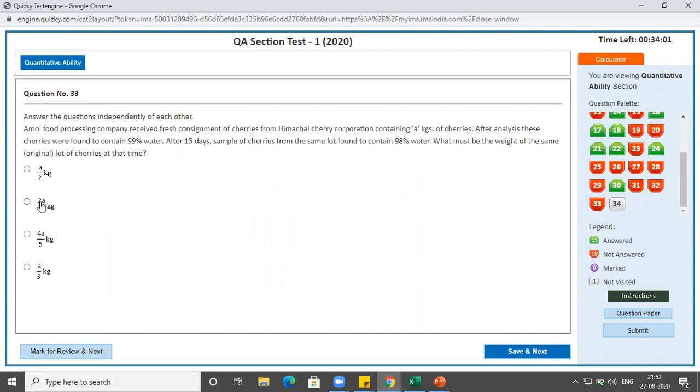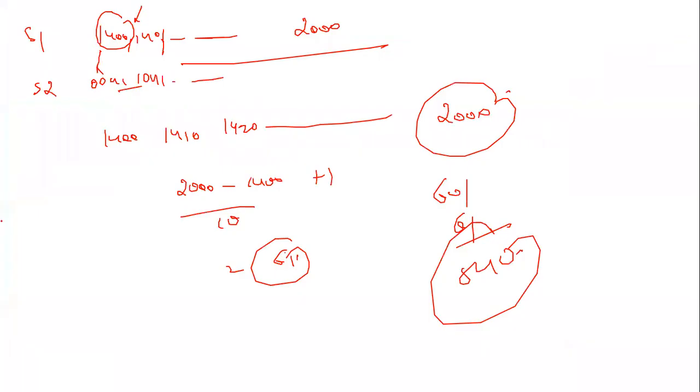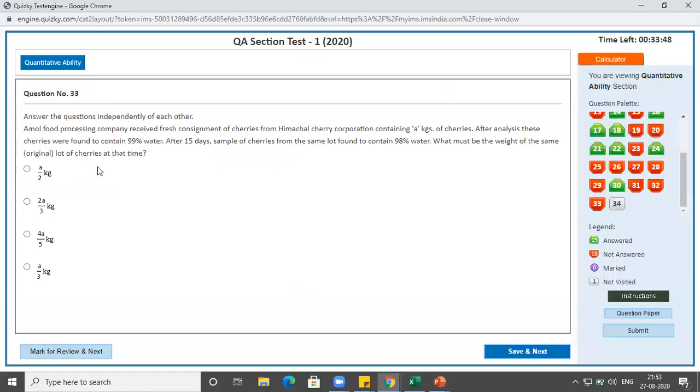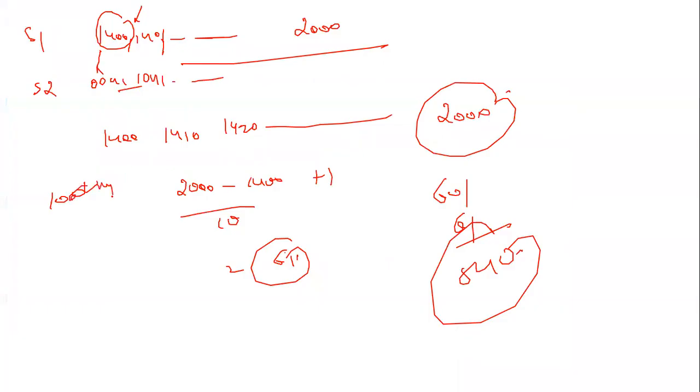A food processing company received a fresh consignment of cherries from Himachal Cherry Corporation containing 8 kgs. Okay. After analysis, these cherries were found to contain 99% water, so 1% not water. So if I have 100 kg, then 1 kg is cherry and 99 kg is water.